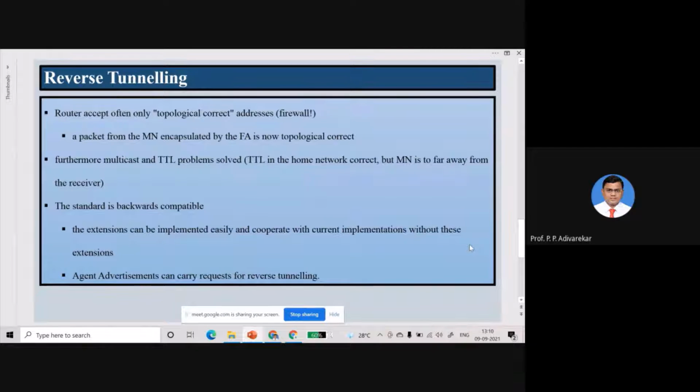Suppose we consider this pictorially. Suppose this is my CN, that is the correspondent node. Here I draw the HN, that is the home network, and somewhere here is the foreign network.